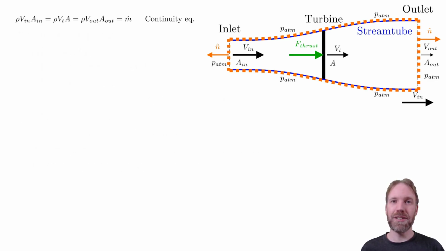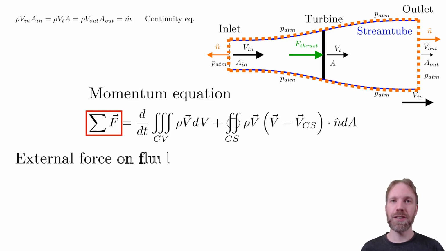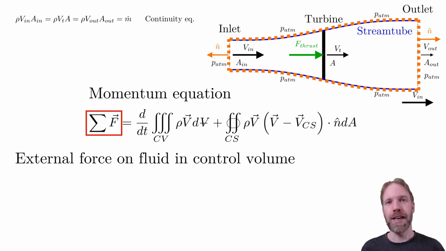Let's continue to our next equation, the momentum equation. This is Newton's second law, rewritten for control volumes. Our first term is the external force on the fluid in the control volume. This can be pressure forces, shear forces, gravity, and external objects.